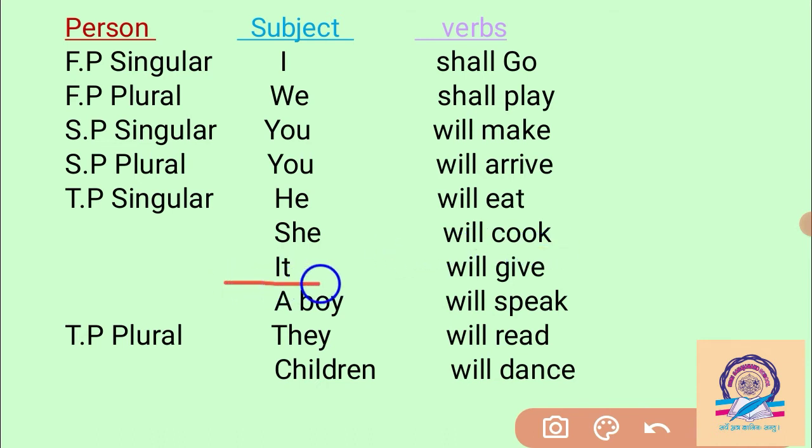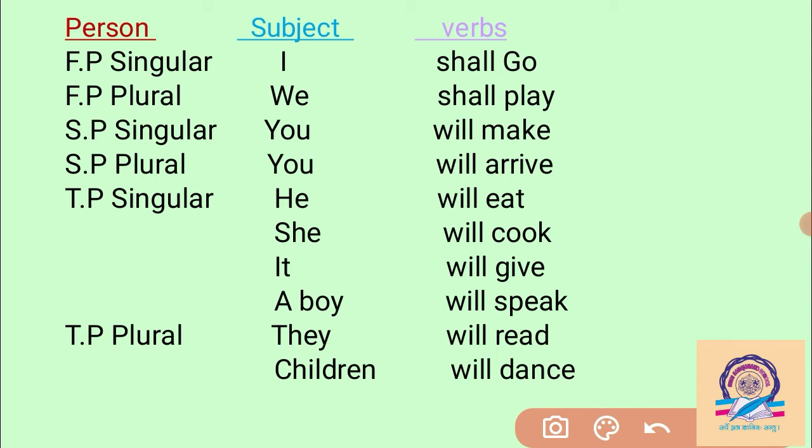For it we use will give. A boy is also third person singular, so we use will speak. Then if the third persons are more than one, we use they, or we can also write the plural form of a noun. Child becomes children, boy becomes boys.